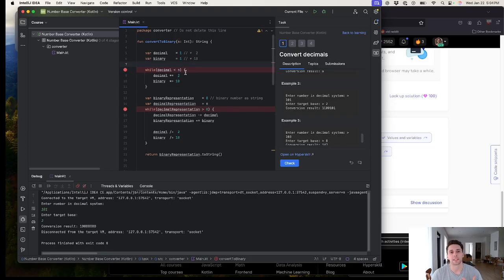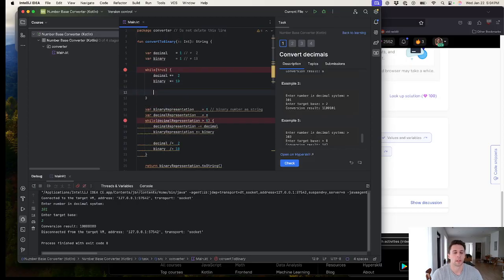So at 64, that's when we need to say, okay, so while true, if decimal times 2 is greater than n, break. That should handle it.